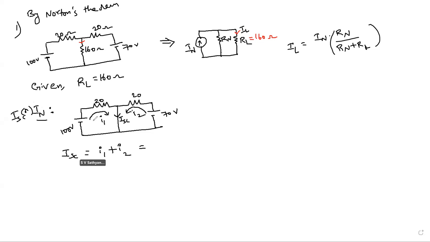I1 is V by R: 100 by 20, plus I2, 70 by 20. Total 170 by 20. How much should it be? 8.5 amperes, very good. Now we immediately substitute your IN value, 8.5 amperes.